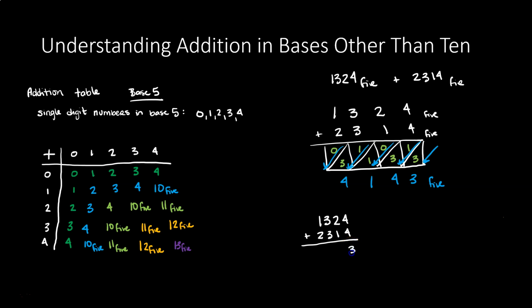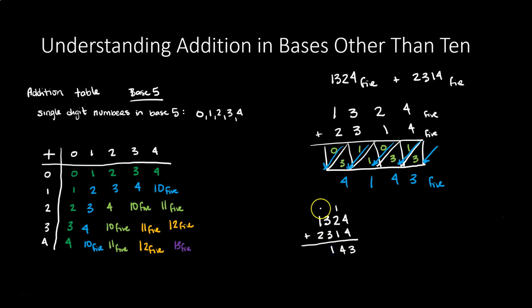So I write the 3 down here and carry the 1. Then I'll add 1 plus 2 plus 1, that's 4. No carrying needed here. And then I'll move on to the next place value. 3 plus 3 in base 10, that is 6, but we're not in base 10, we're in base 5. So 3 plus 3 in base 5 looks like 1, 1.